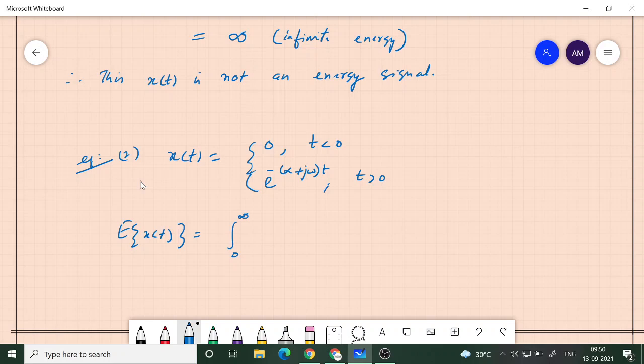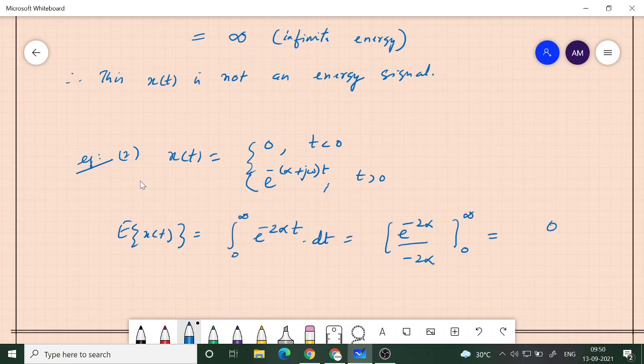I am skipping some of the steps because I have already shown you that if it is 0, you don't need to integrate that part. Here you have e raised to minus 2 alpha t dt. So this is basically e raised to minus 2 alpha t divided by minus 2 alpha, integral 0 to infinity.